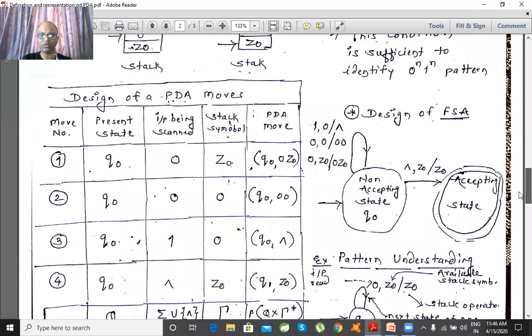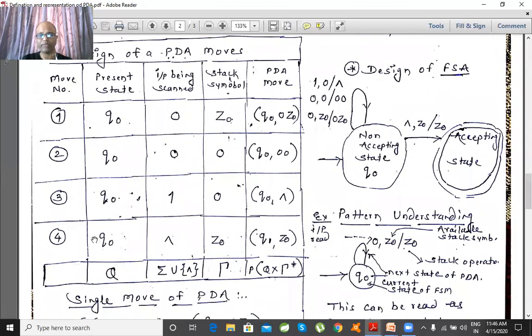According to this, the last step is: being in Q0, if my input gets exhausted and nothing is left on top of stack, this condition specifies that all the zeros got cancelled out against all the ones on the input.